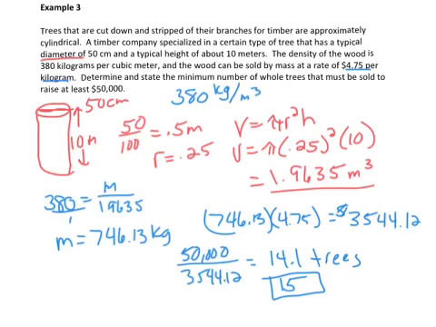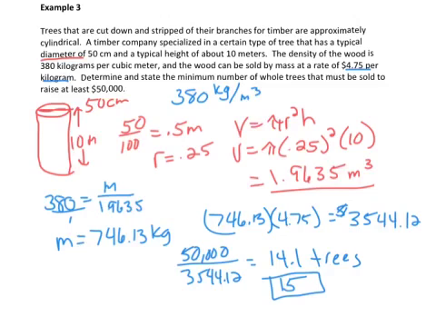If it's circular and you have a diameter, you got to convert to a radius, and then use the volume formula, and then use that in the density formula to get the mass, and then from there you do whatever you need to do with the mass. In this case, it was to find out how much it costs. In the previous example, it was to figure out how many bricks would fit on the trailer, etc. So they're kind of similar problems with the same number of steps.